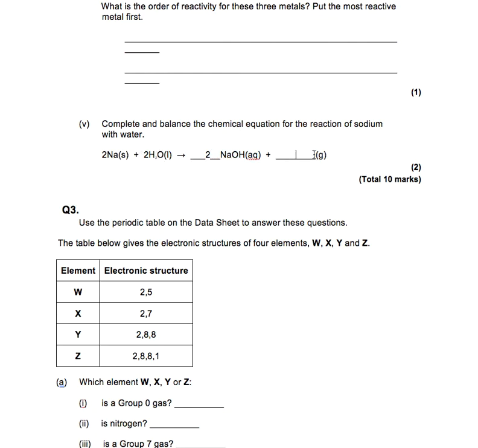And here then I'd have H2. So the point being that I have to have the same number of everything over here. So I've got 2 sodiums here, and I've got 2 sodiums here. I've got 4 hydrogens. There's 2 of them, 2 times H, and 2 of them there makes 4. I've got 2 oxygens, and there they are. So I have to account over here for everything I've got over here.